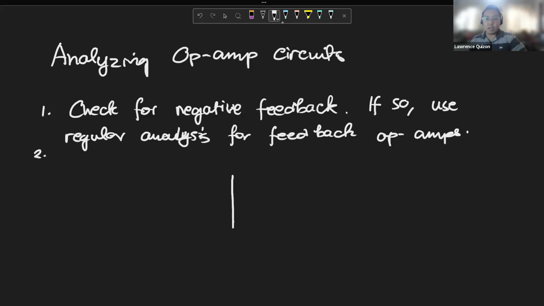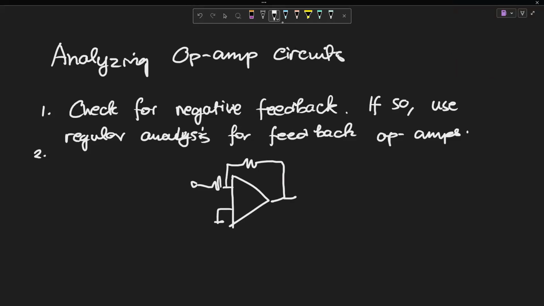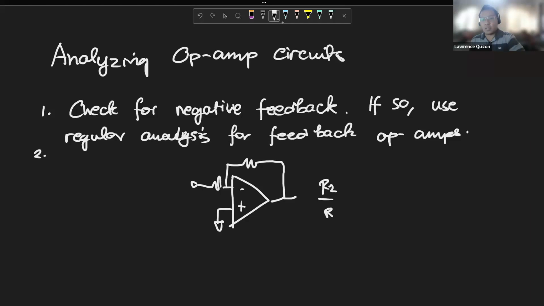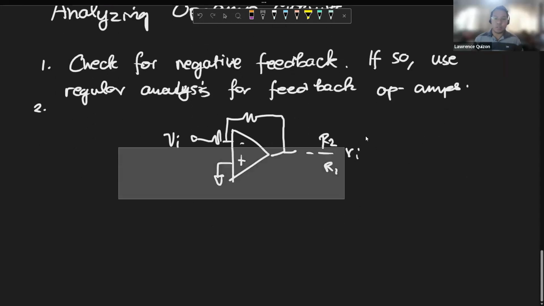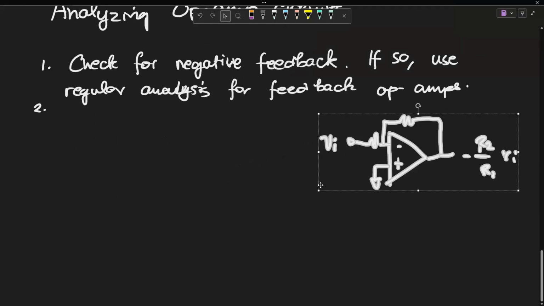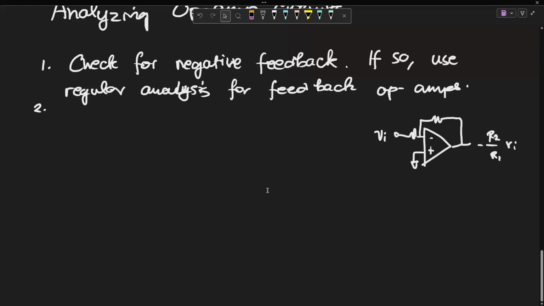So you've seen that a lot naman na, right? The way you analyze that is by assuming the short open thing, right? To get the gain, which is R2 over R1 of V in, right? And you've definitely seen that in a class before. So we're not going to be covering that one.